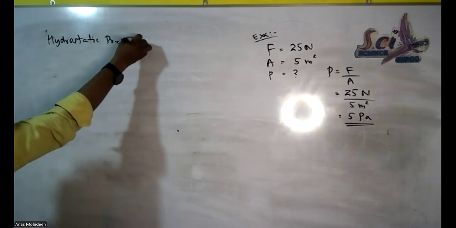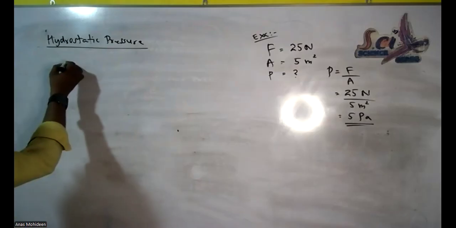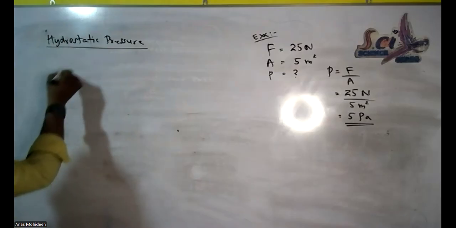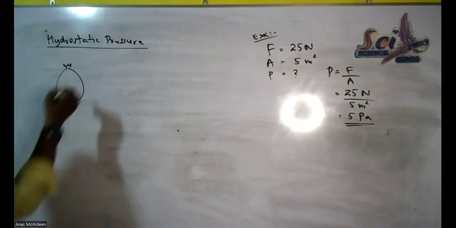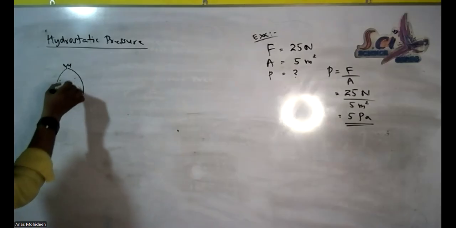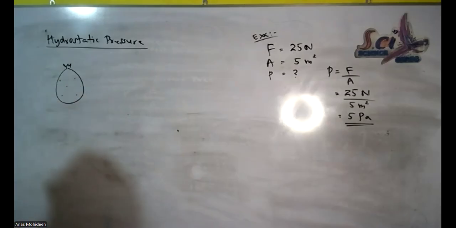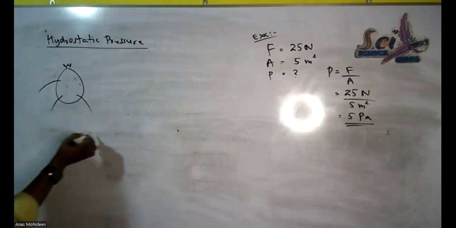Basically about what we are going to speak, right? Now when you take this hydrostatic pressure, there are some basic principles. Let's say it's filled up with water and you make some holes everywhere randomly. You can see from all the holes water spouts out.